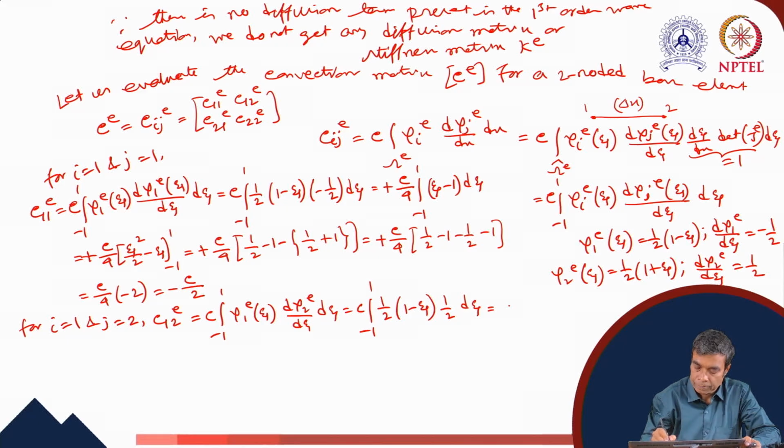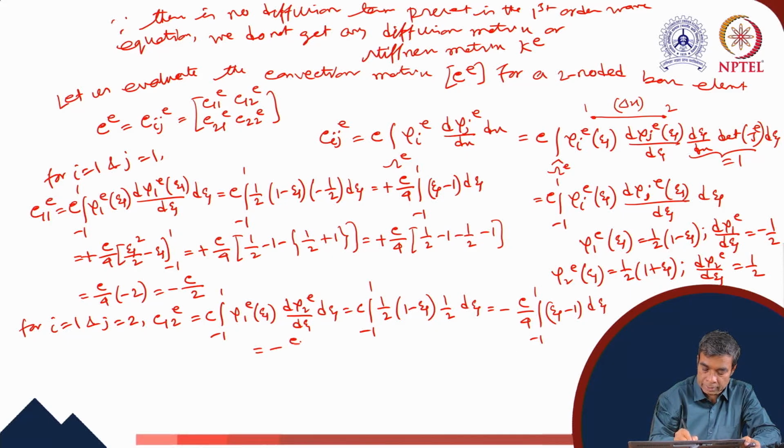This equals minus C by 4 integration from -1 to 1 of xi minus 1 d xi, which is minus C by 4 into minus 2, equals C by 2.